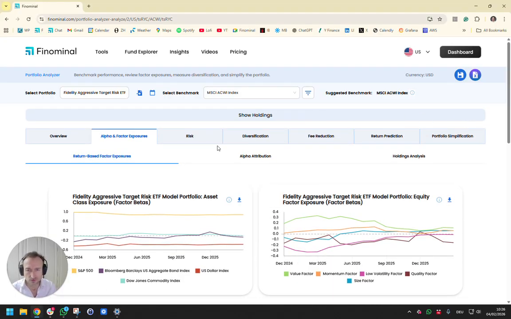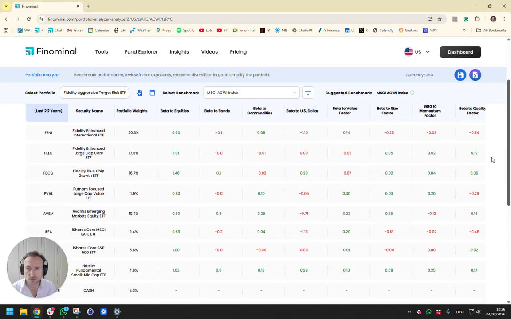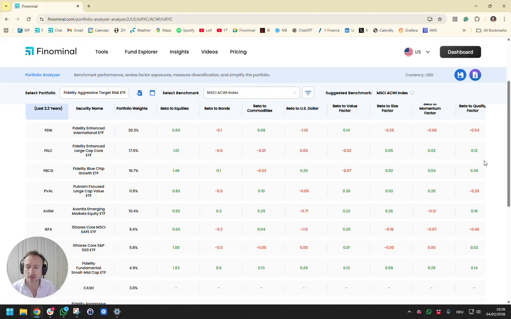And unfortunately, what we see over here is what we come across in many portfolios, that Fidelity is combining funds with opposing factor exposures. So for example, the blue chip growth ETF has a positive beta to the quality factor, 0.36. But there's also this fund from Putnam, which is a large cap value ETF, and that has a negative exposure to the quality factor, as expected for value stocks.